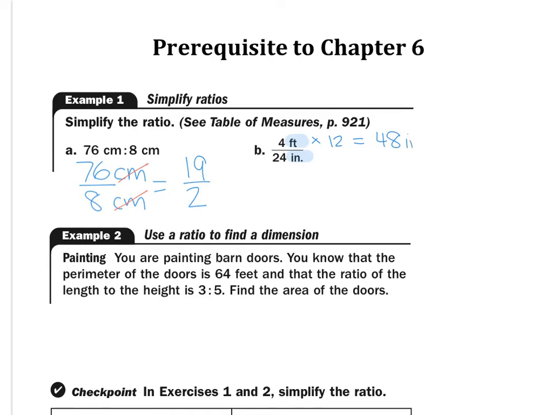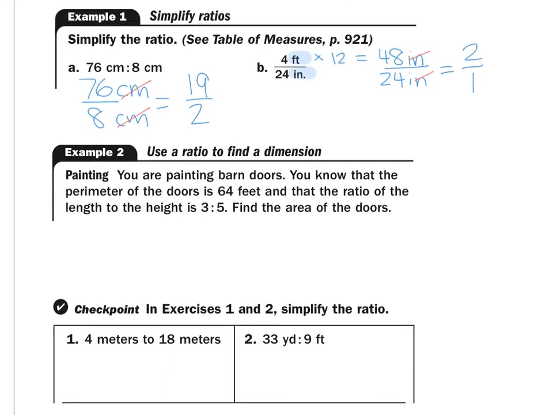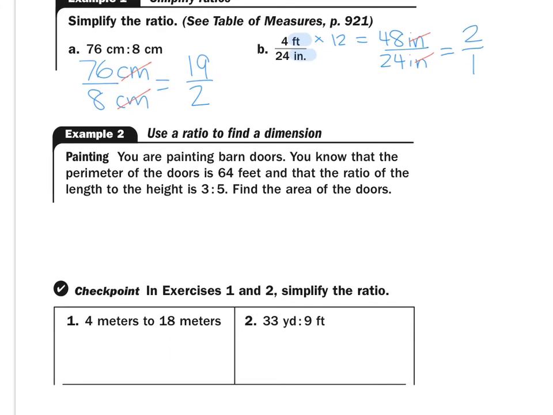So we have 48 inches over 24 inches. Then the inches cancel, the units cancel, and I can reduce. And again, it's a comparison of two numbers, so the 1 needs to be a part of the ratio.